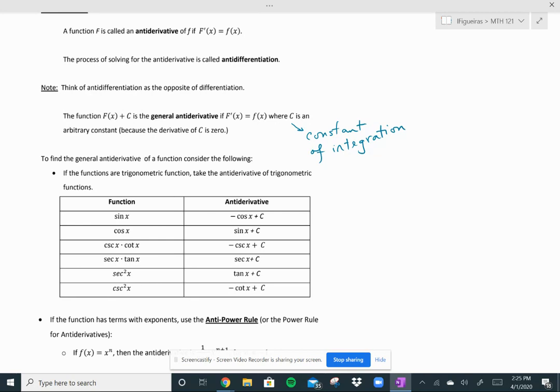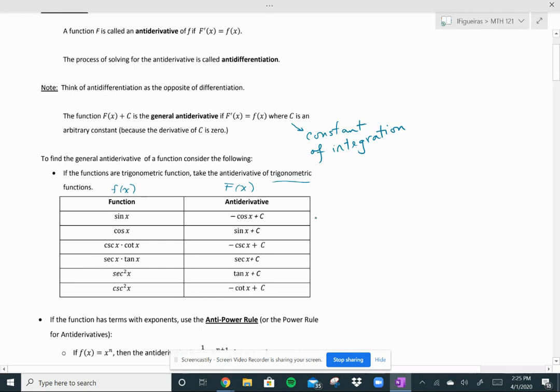So let's look at this from the perspective of trigonometry. If you have a function f of x, then we call its antiderivative here on the right. If f of x is equal to sine of x, then the antiderivative is negative cosine of x plus c.